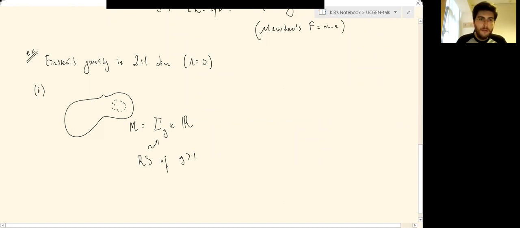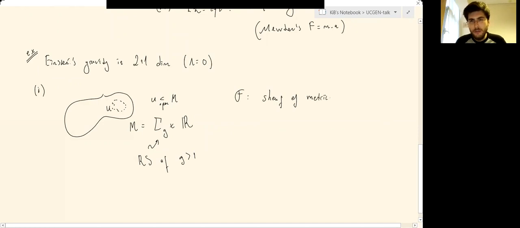So let's consider some open neighborhood here. So U is just open in M. Now our sheaf is a kind of a sheaf of metrics on M. So this curly F will be a sheaf of metrics.